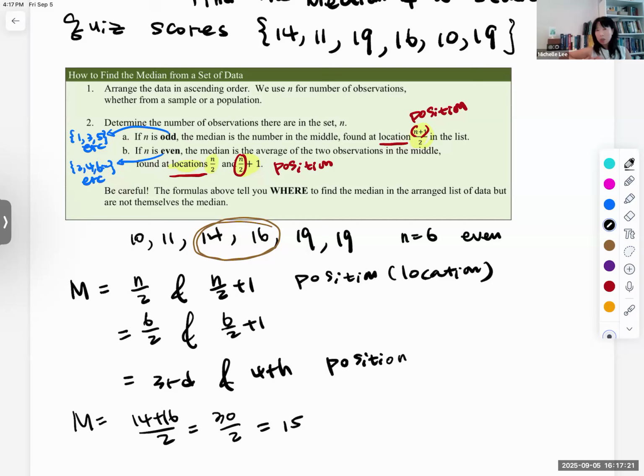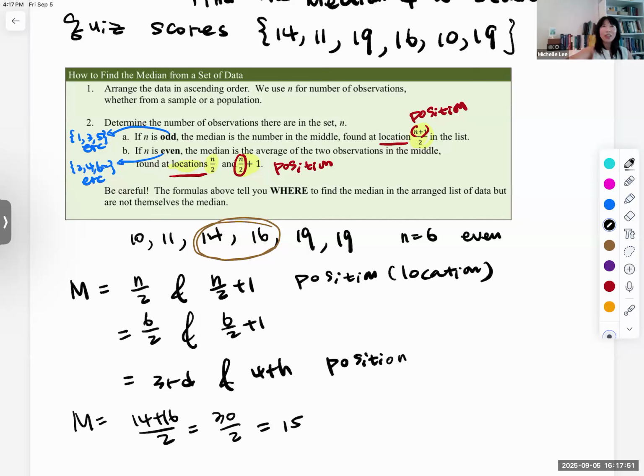Otherwise, mean is good. So we can use mean as the measure of center. Okay, now StatCrunch.